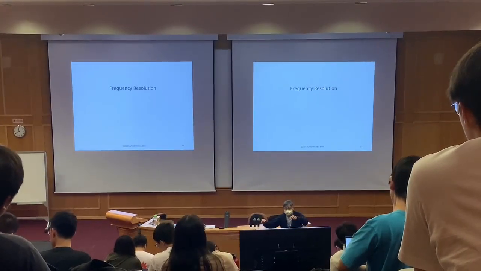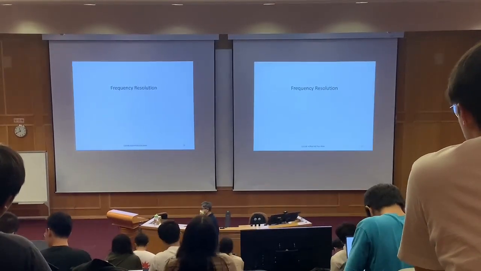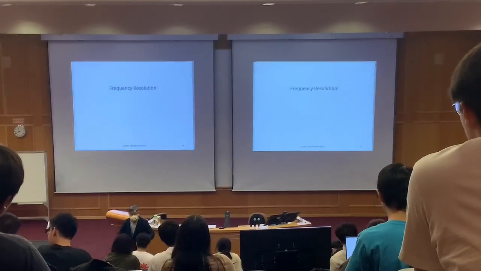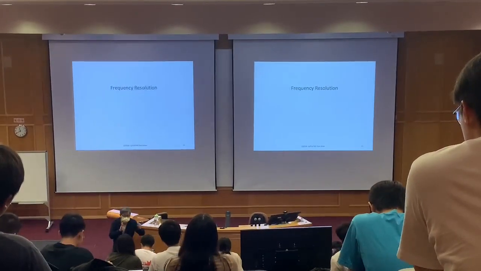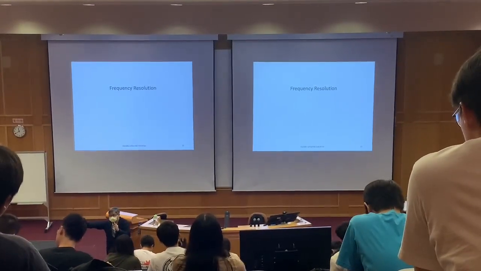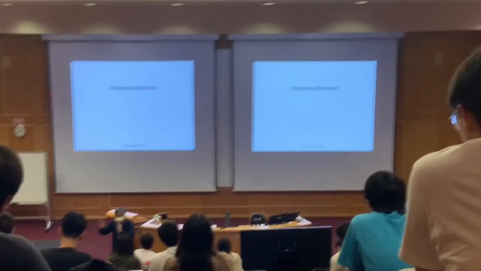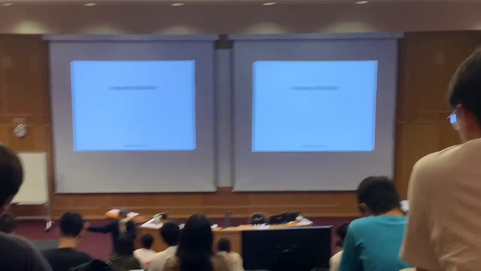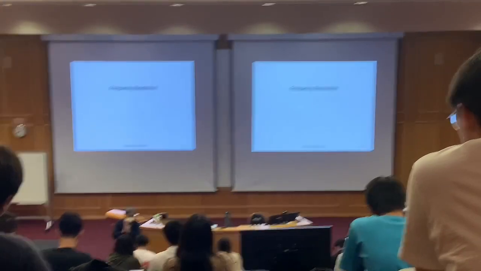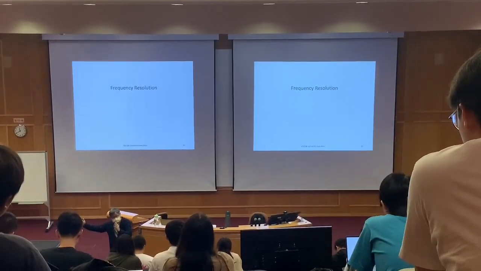When you do the Fourier transform, on the frequency axis you have zero frequency, positive frequency and negative frequency. And what the hell is negative frequency? It's just a mathematical construct, there's no physical meaning.